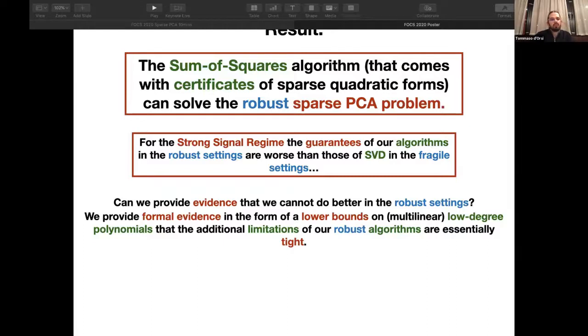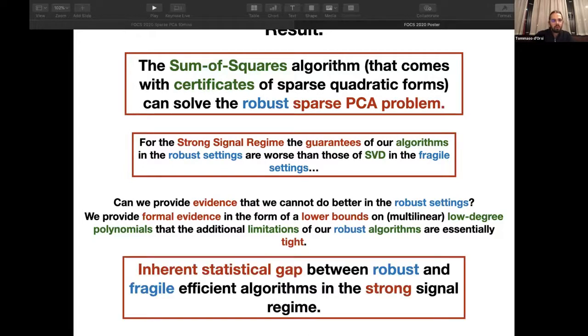You need polynomials of exponential degree to overcome those bounds. So this implies some inherent statistical gap between what we can do in the fragile setting and what we can do in the robust setting. As I said, this is some kind of evidence for a price to pay in order to get a robust algorithm.